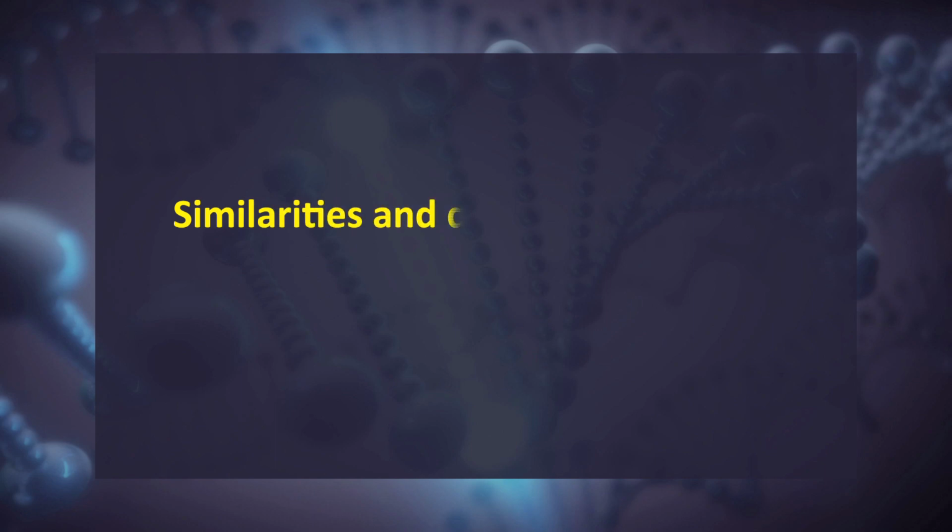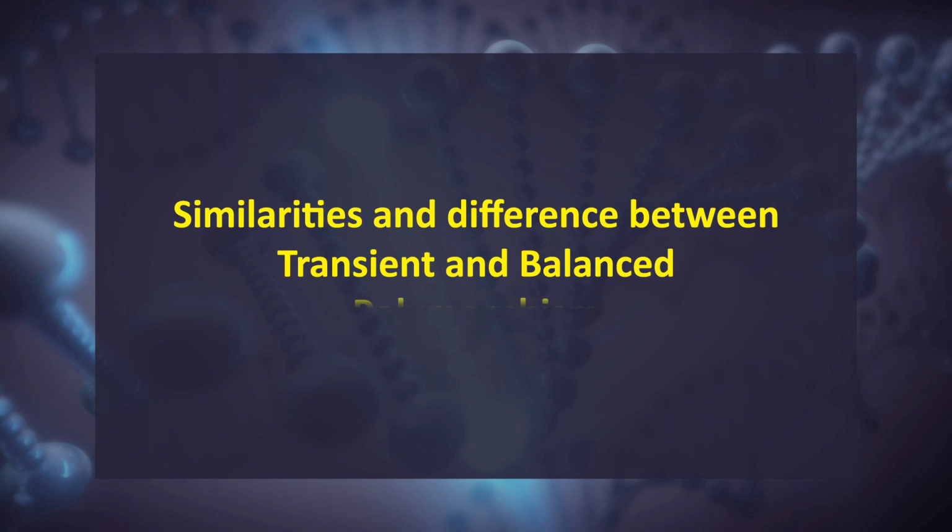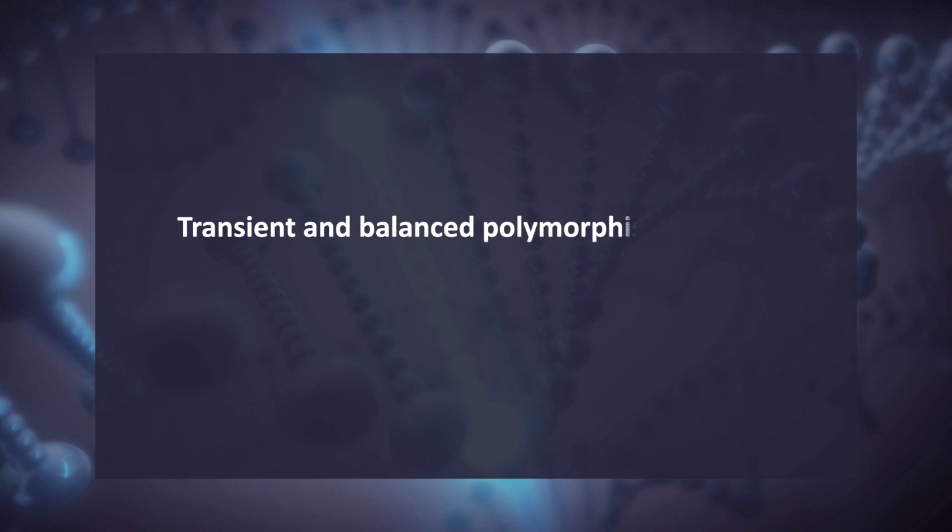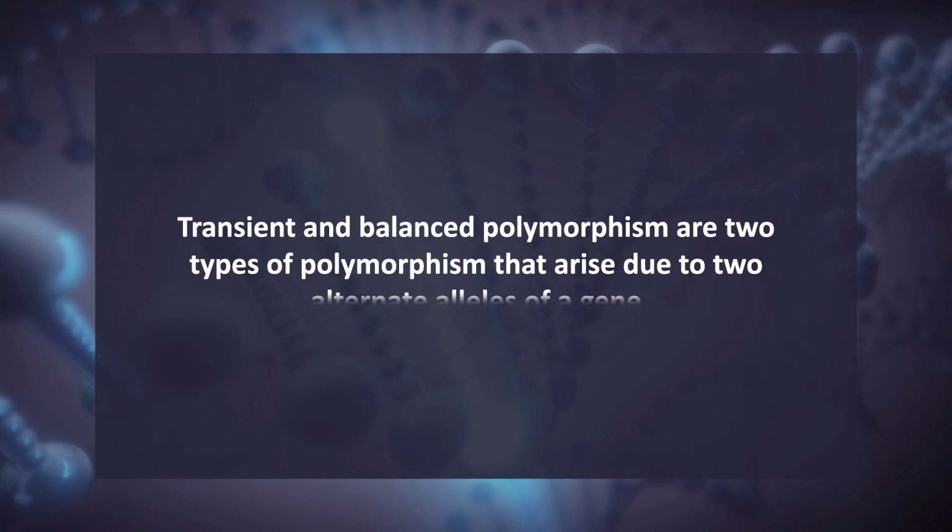Dear students, let's now discuss the similarities and differences between transient and balanced polymorphism. Genetic polymorphism is the occurrence of two or more variants of a particular DNA. Transient and balanced polymorphism are two types of polymorphism that arise from two alternate alleles of a gene.